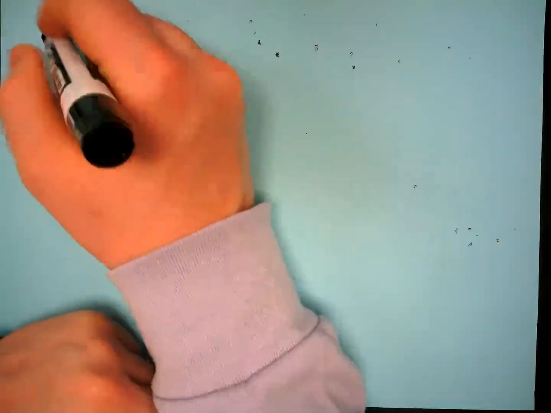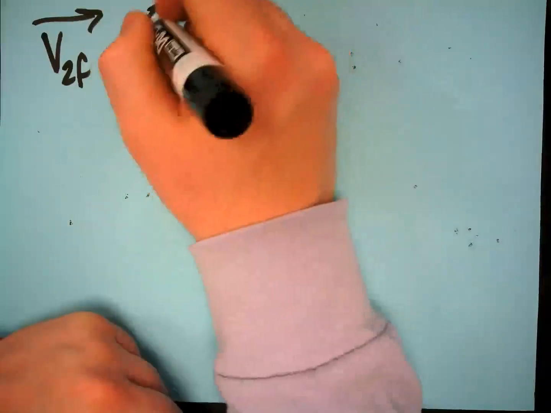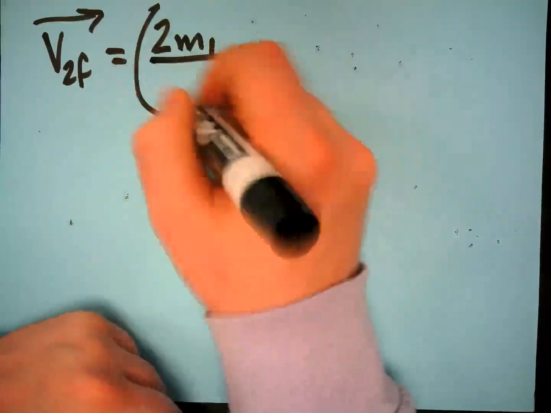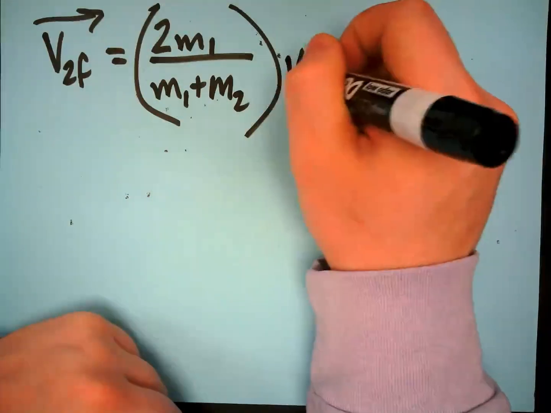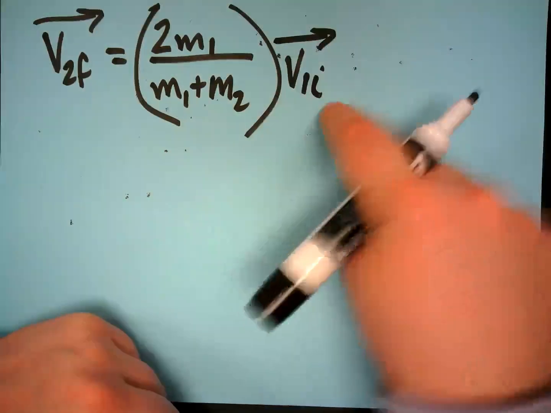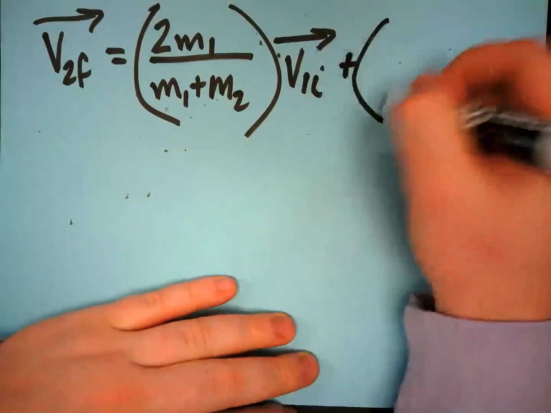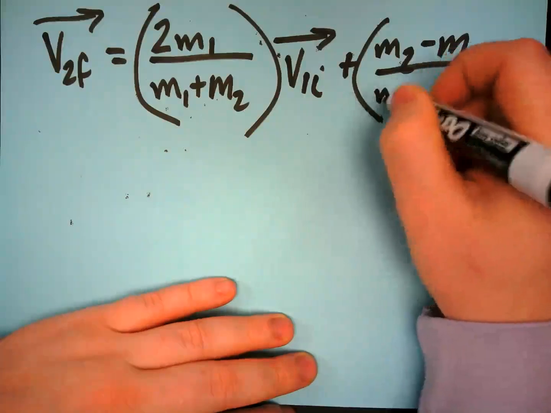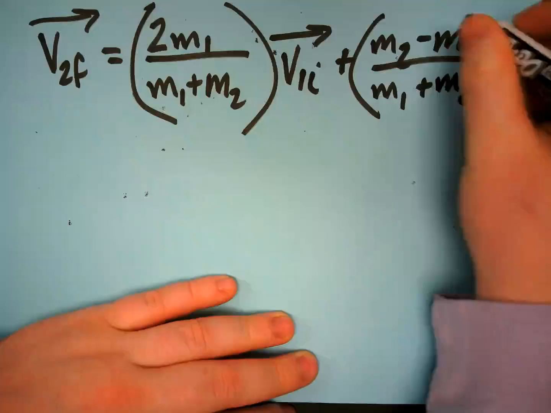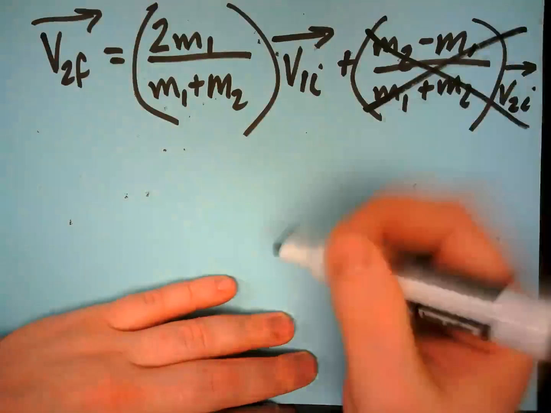So now let's figure out the final velocity for cart 2. That is going to be equal to 2 times the mass of our first object, all over mass of 1 plus mass of 2, times the initial velocity of our first object, plus the term with the initial velocity of our second object. I'm going to write this out even though it's going to be 0 anyway, and you should know that. That's 0, so we don't need it.